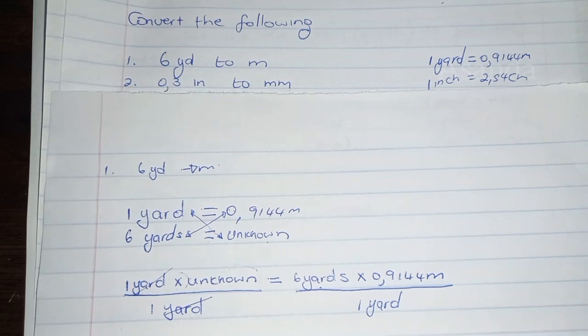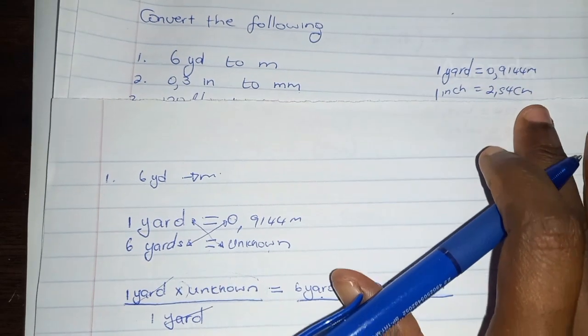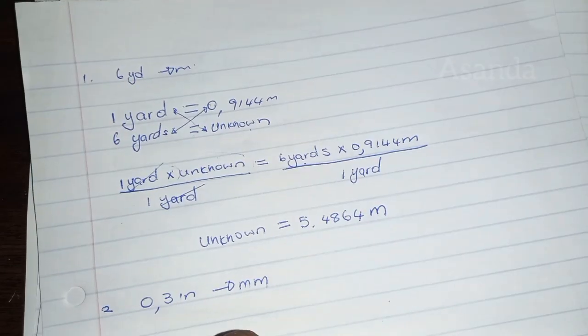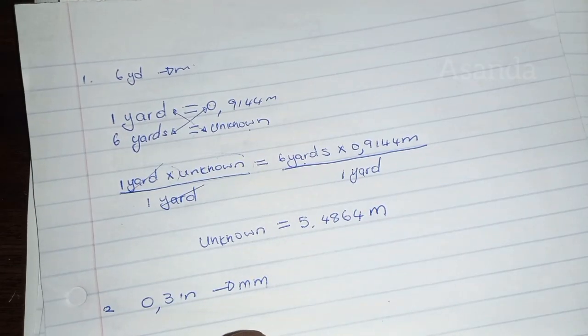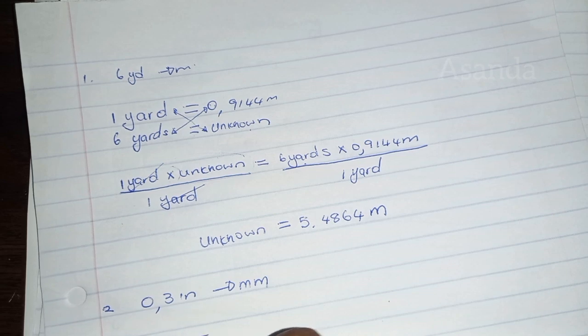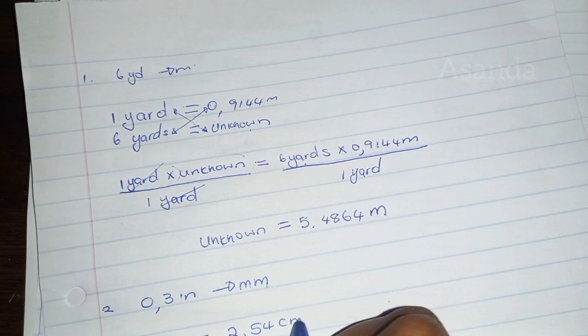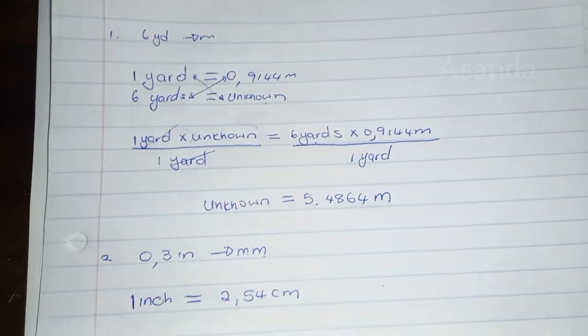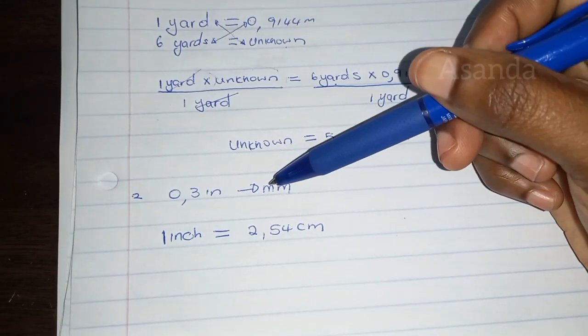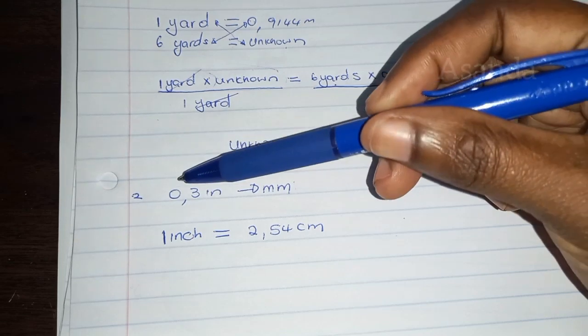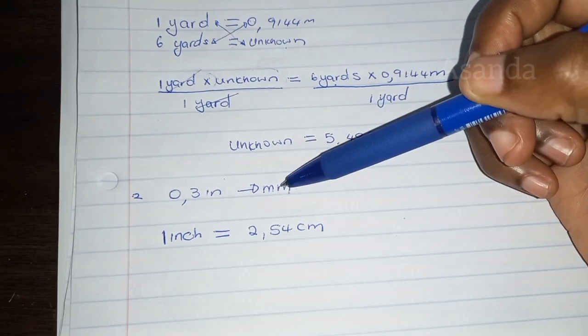1 inch is equal to 2.54 centimeters. This I know, right? Now I'm looking at my millimeters there, and I'm saying 0.3 inches to millimeters.